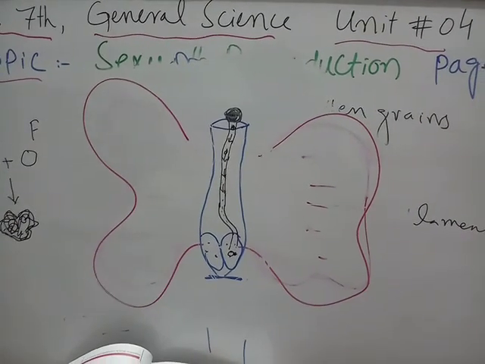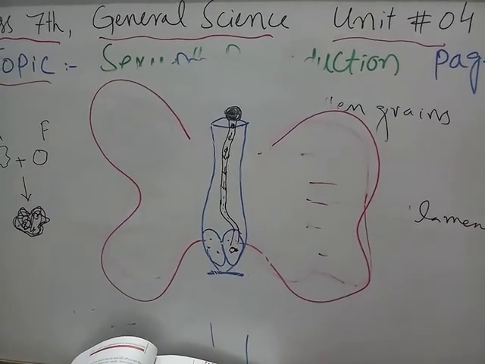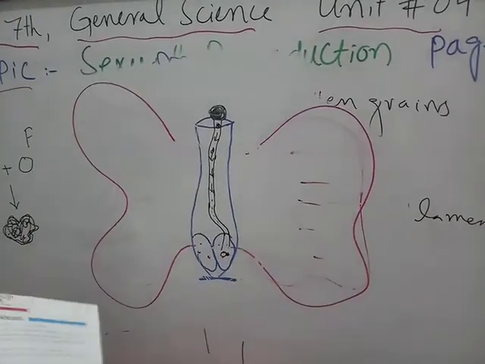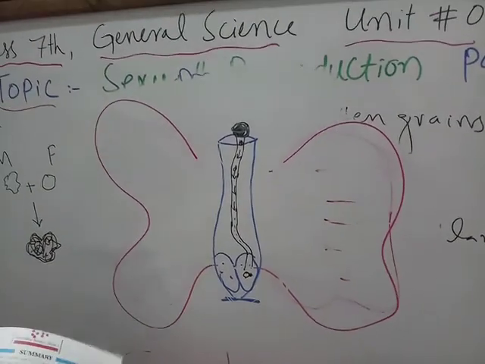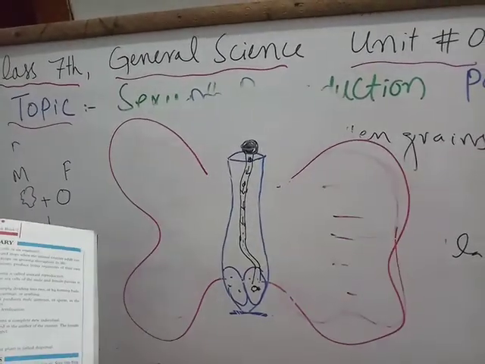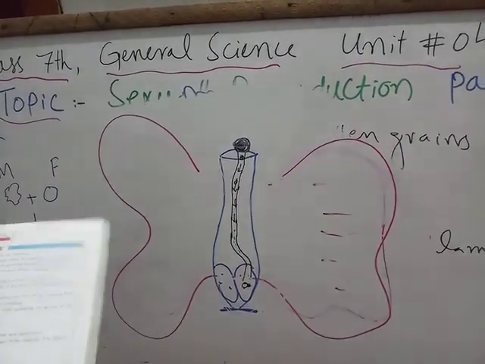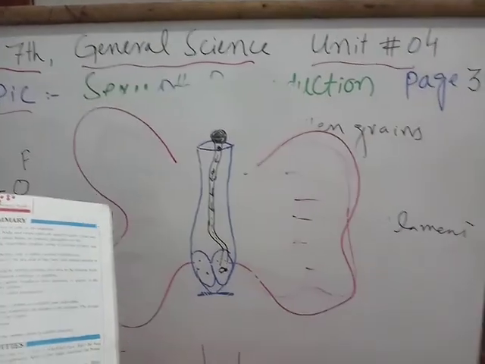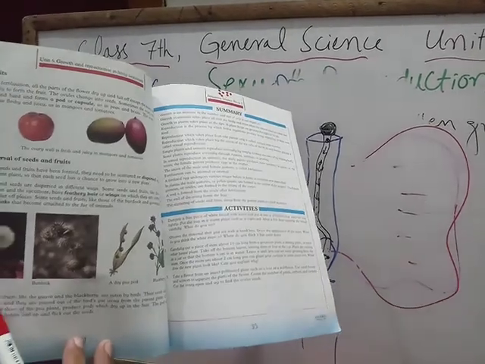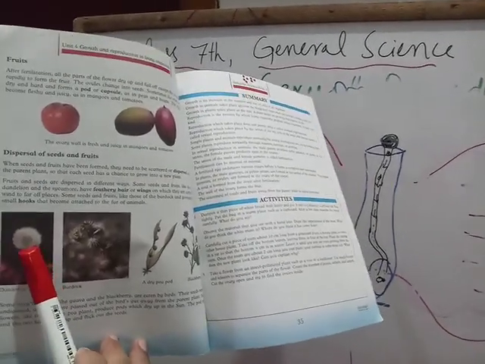The next topic is the discussion about seeds and fruits and their dispersal. Dispersal means how the seeds and fruits move from one place to another. You may have seen, here a dandelion is shown.